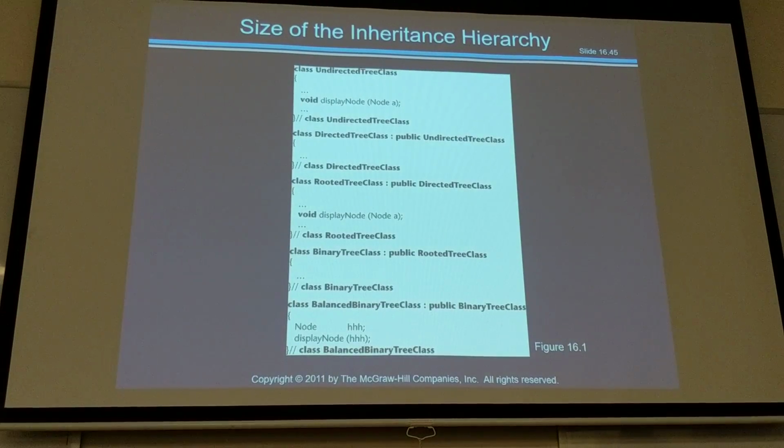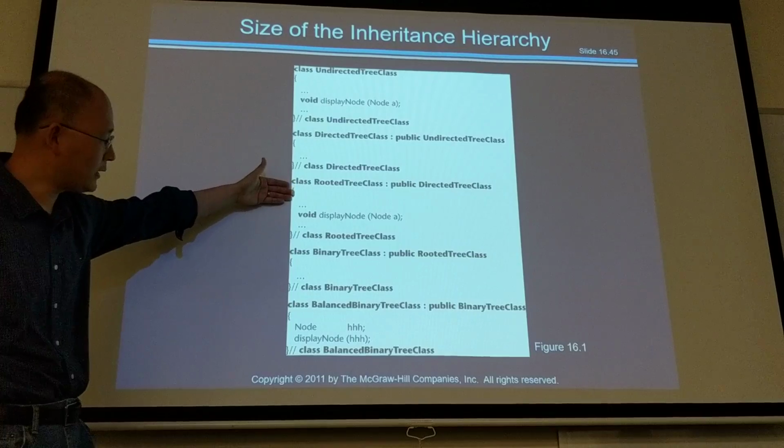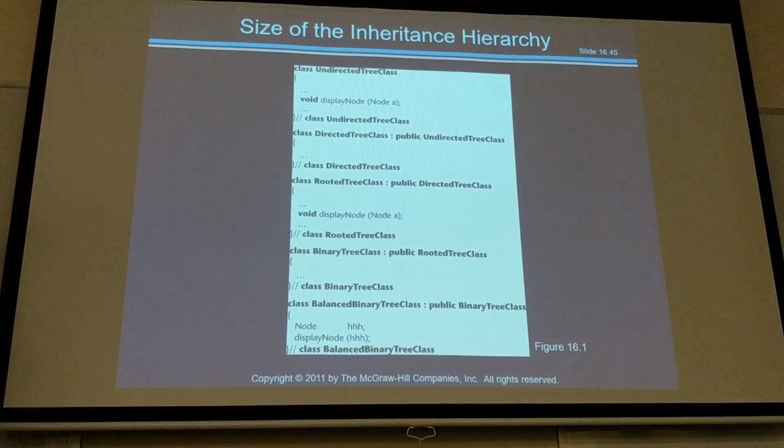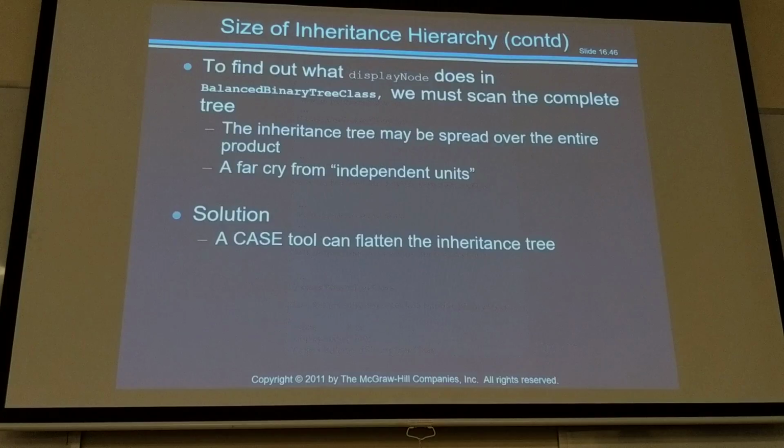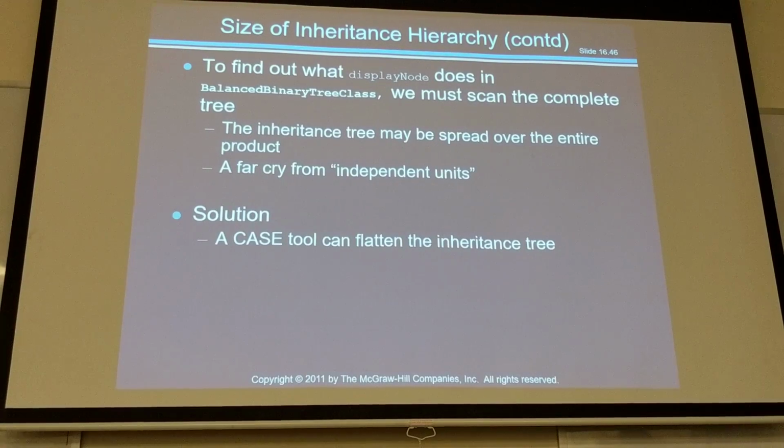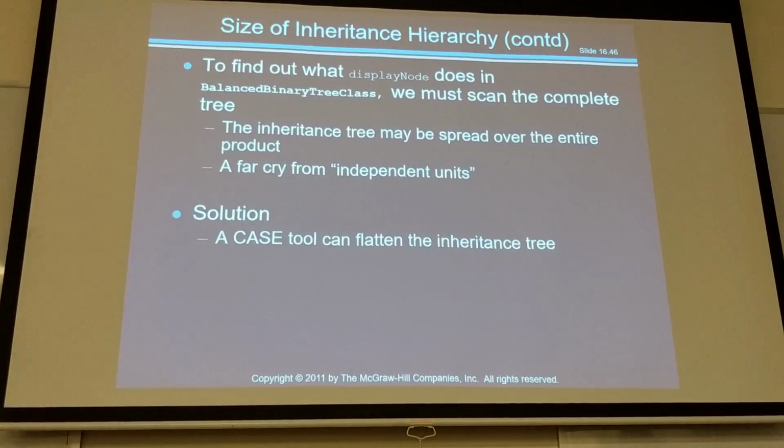For instance, I mean, inheritance hierarchy can be fairly deep. You're from undirected tree to directed tree to rooted tree to binary tree, and all these good things, right? Now you say, oh, I'm going to call a particular method with this deep hierarchy, polymorphism, and dynamic binding.